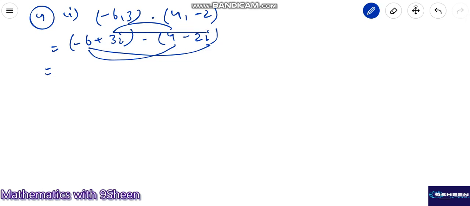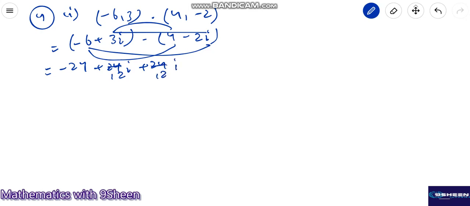Right, minus 6 multiplied by 4, minus 24. 3 iota multiplied by 4, plus 12 iota. Minus 6 multiplied by minus 2 iota, plus 12 iota. 4 multiplied by 3 is equal to 12 iota, and 6 multiplied by 2 is also 12 iota.